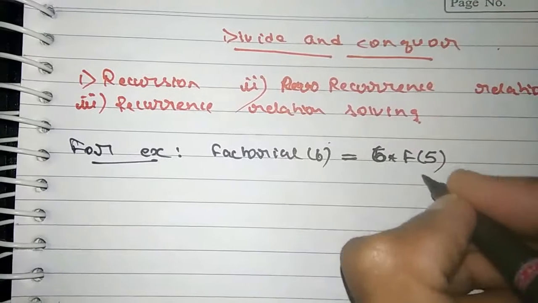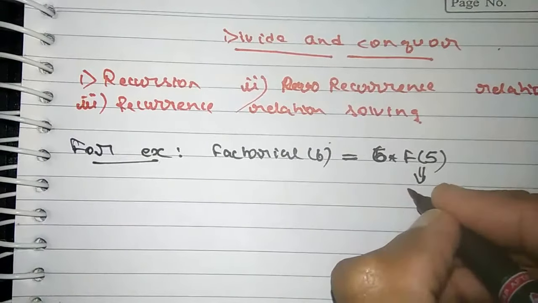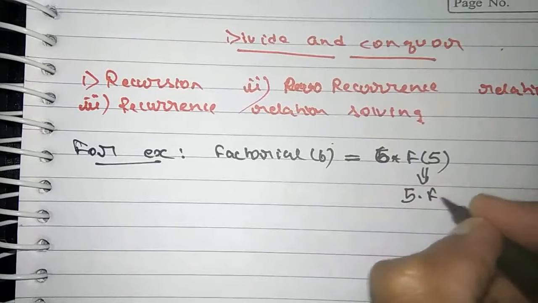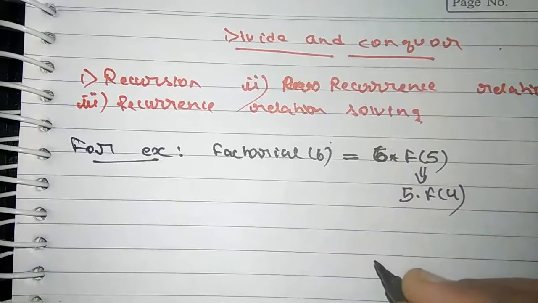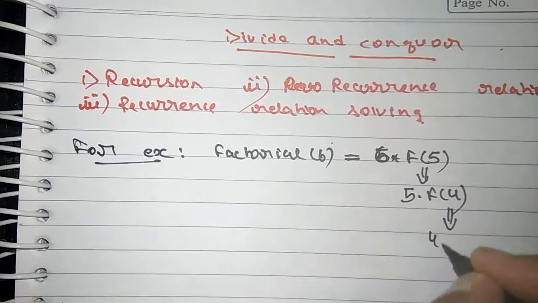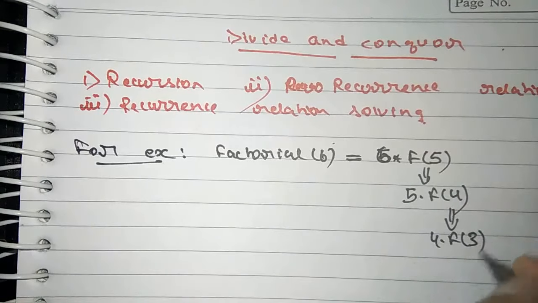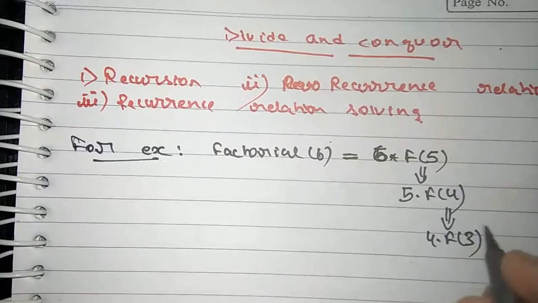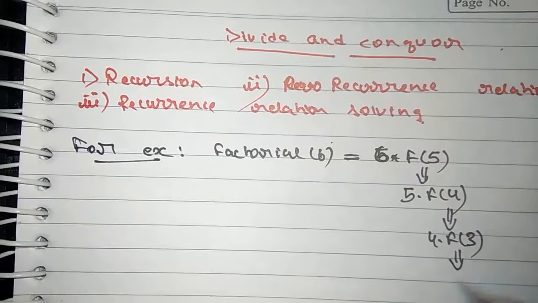And factorial of 5 is nothing but 5 into factorial of 4. Factorial of 4 is 4 into factorial of 3, and so on.